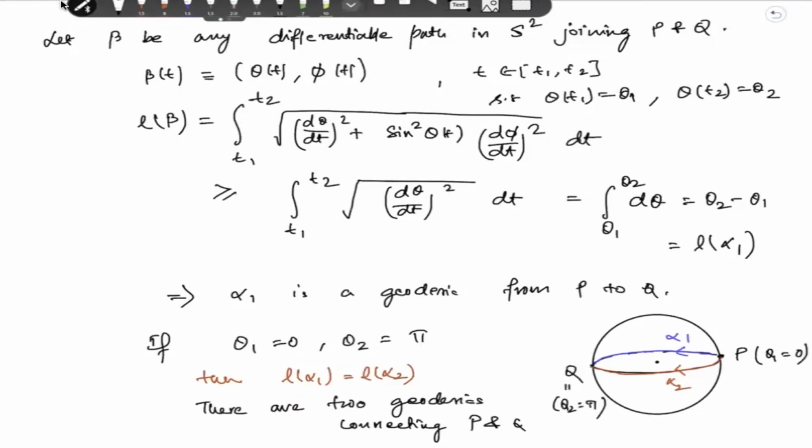So you have two geodesics connecting P and Q. So therefore this pair is not a unique geodesic pair. Okay. So we have taken these P, Q points in the meridian circle of the sphere.